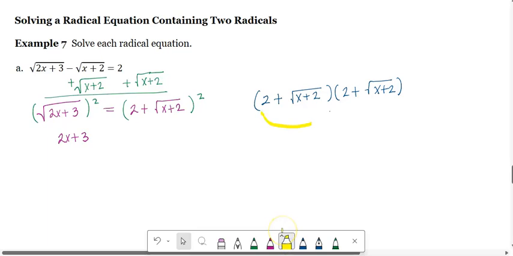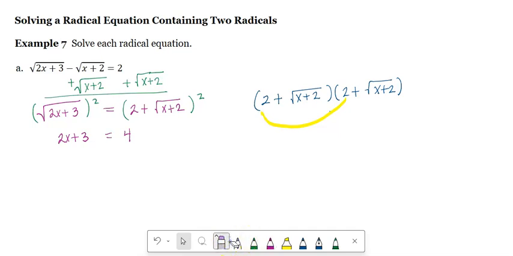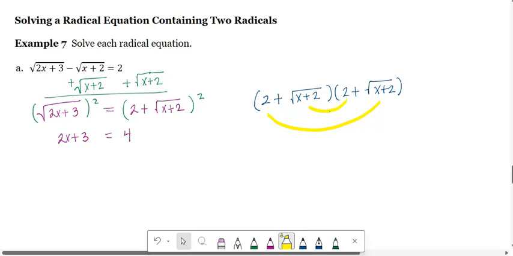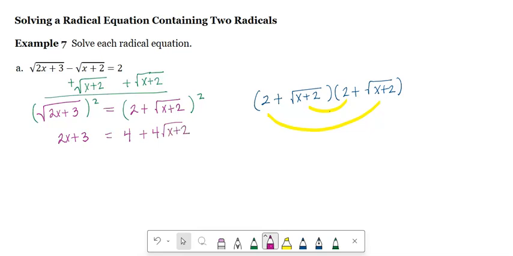For our first terms, we're going to take 2 times 2, so that'll be 4. For the outer and inner terms, we're going to have the same thing multiplied together, and we have 2 of them. So I'm going to end up with plus 4 times the square root of x plus 2.